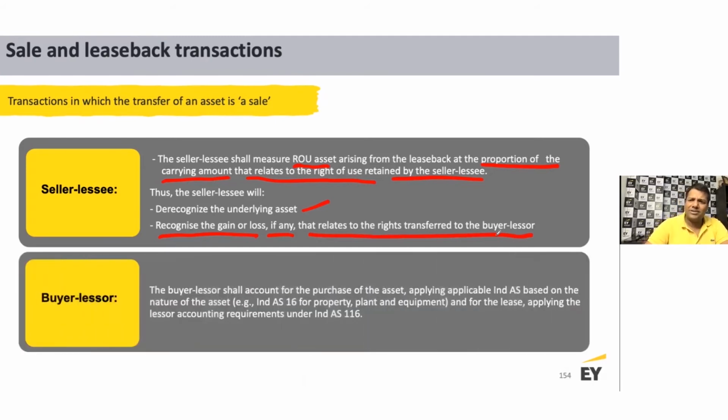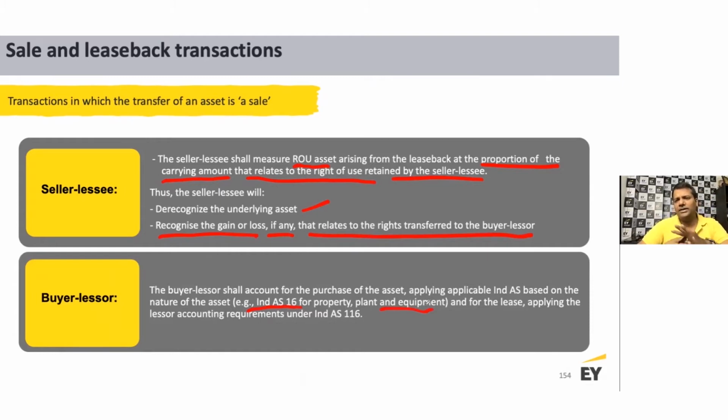Now, from a buyer lessor perspective, I'm going to record the asset as a purchase, right, under say Ind AS 16, or any other, let's say under investment property, for example, under Ind AS 40.